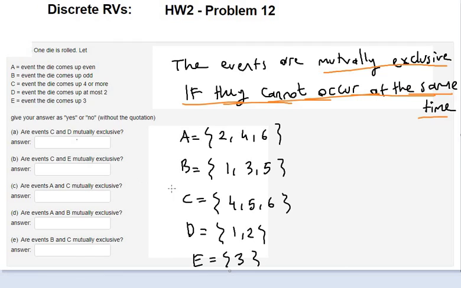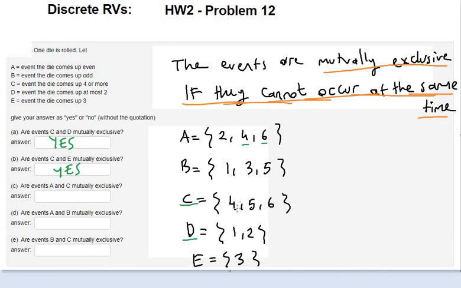Are events C and D mutually exclusive? C and D don't have any common number, so yes, they are mutually exclusive. C and E, we compare 4, 5, 6 and 3. Yes, there is no common number. Are events A and C? A is 2, 4, 6, and C is 4, 5, 6.